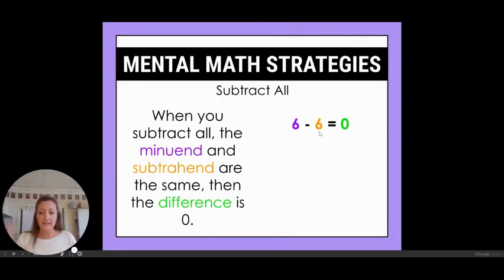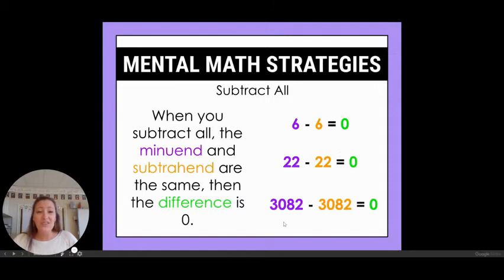If I had 6, I took 6 away, I'm left with 0. Same thing if I did 22 minus 22. Subtrahend, minuend are both the same, so I am left with nothing. Again, we could even do bigger numbers, and it's always going to be the same. So 3,082 minus 3,082 is 0.